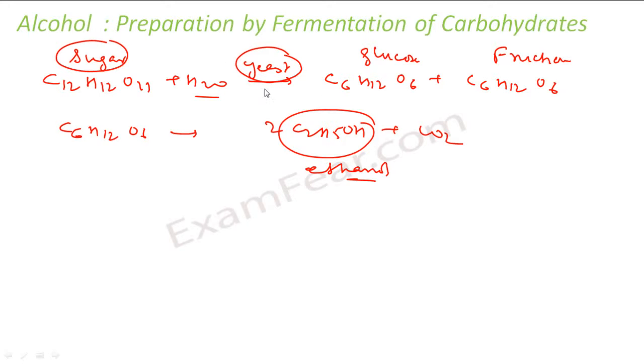The whole thing is kept in the temperature range of 300 Kelvin plus minus 2-3 degrees. It is in this temperature range that it is kept for the fermentation, right? So the invertase enzymes present in the yeast decompose this sugar into alcohol and give carbon dioxide, and the whole thing takes 2 to 3 days.